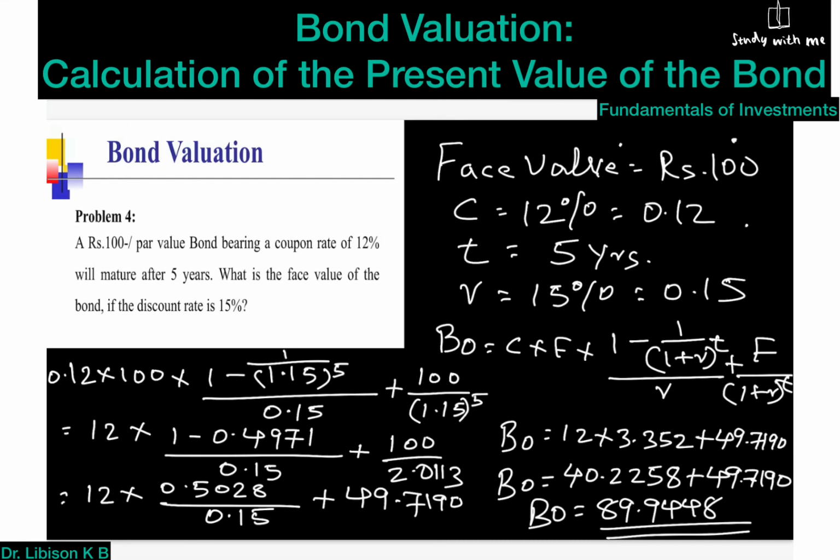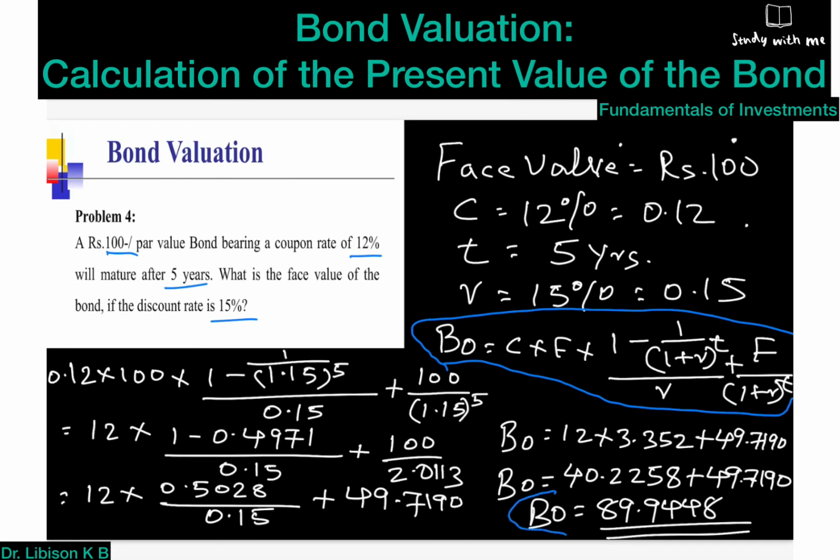So face value is 100, coupon rate is 12%, maturity period is 5 years, discount rate is 15%. So follow the formula and substitute the values. So you will be able to get this answer. So B0 in this problem will be 89.9448.